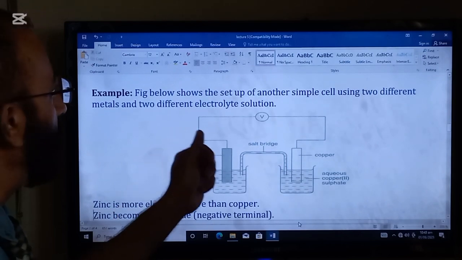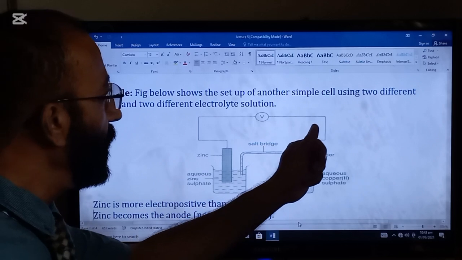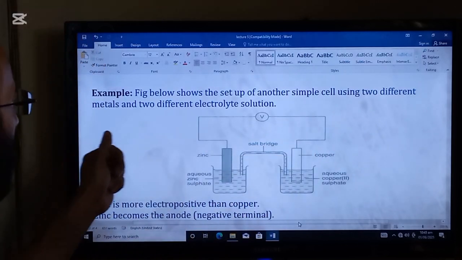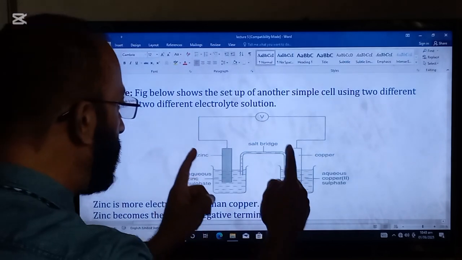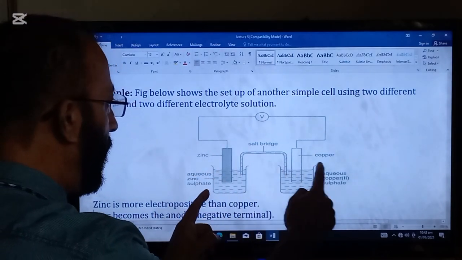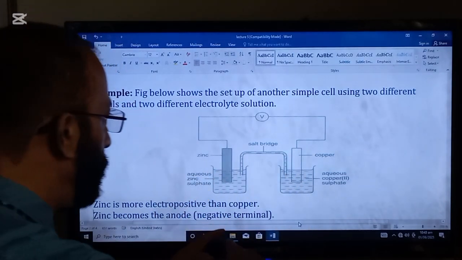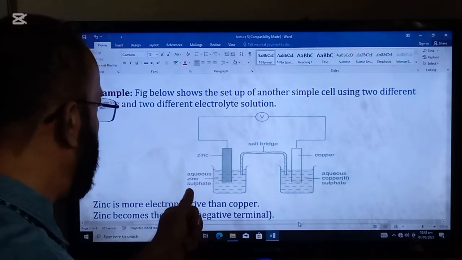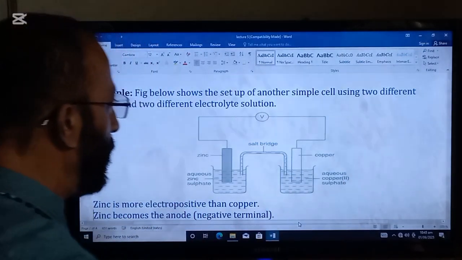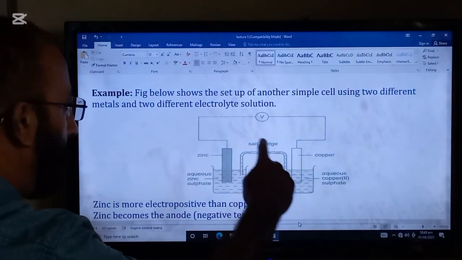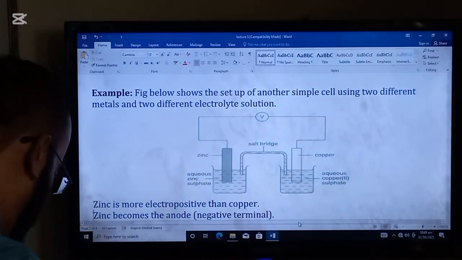Figure below shows the setup of another simple cell using two different metals and two different electrolyte solutions. So two different metals used in this setup are zinc and copper. And two different electrolyte solutions used are aqueous zinc sulfate and aqueous copper sulfate. Here is a salt bridge and here is a voltmeter.